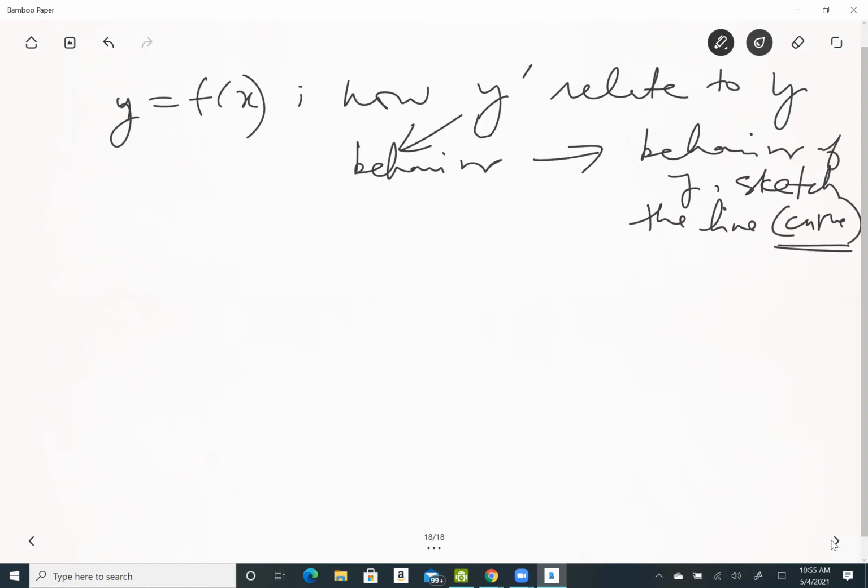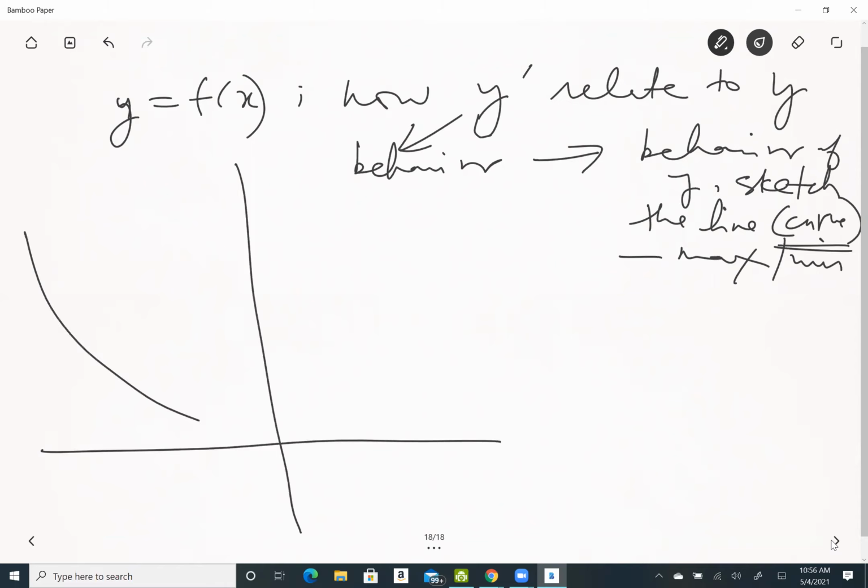And then you can see maximum, minimum. Okay, all right, good. So we do it now. Now look at the function. I'll give you an example. Look at the function, say something like this. All right, this is x, y.